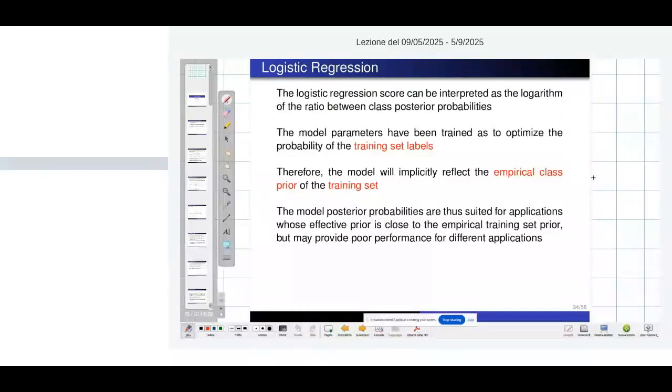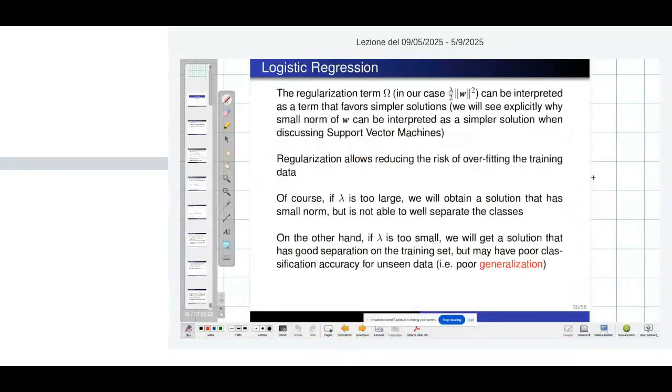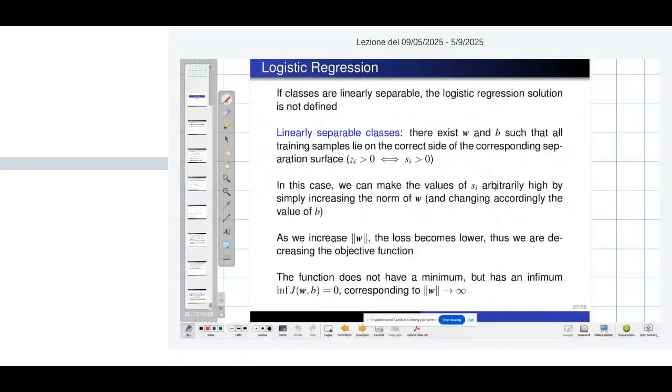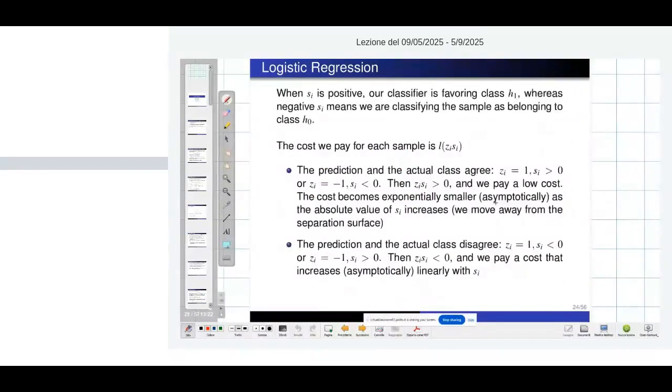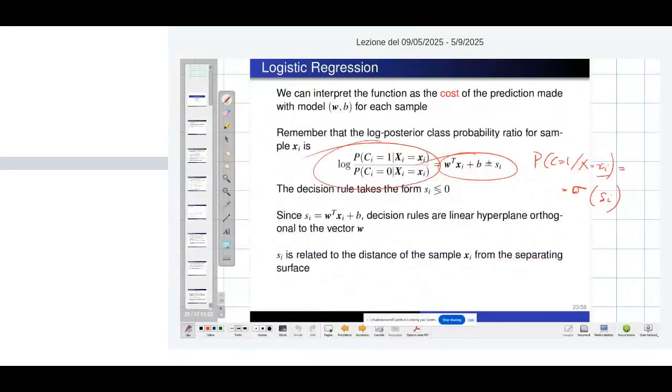Now, one last thing that we have not yet discussed. Up to now, we have said the decision rule, assuming uniform priors and uniform costs, is to compute the score and then compare it with 0. And this score, we have said, represents the posterior class ratio.